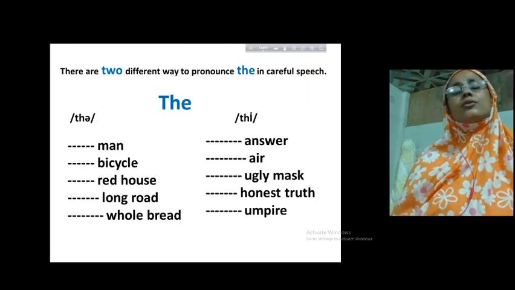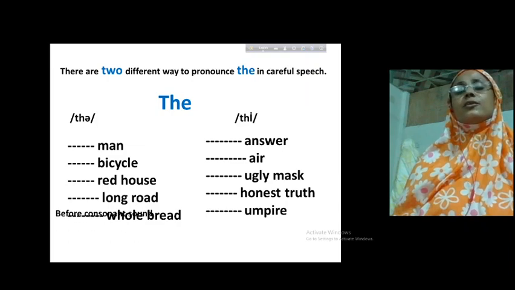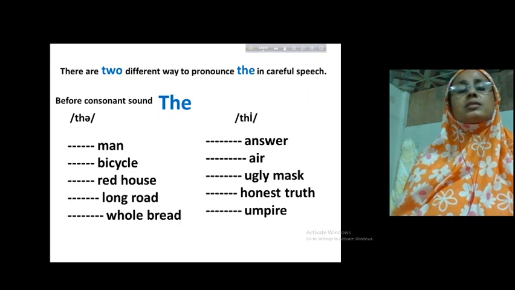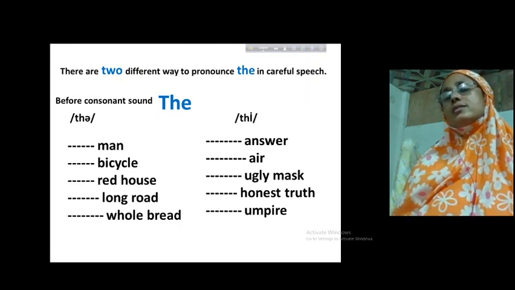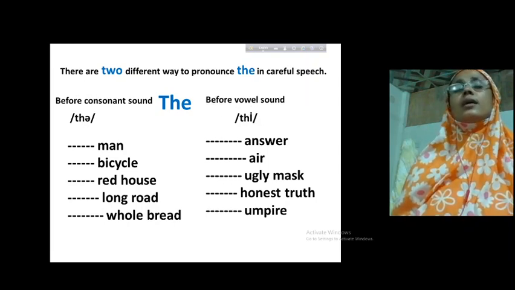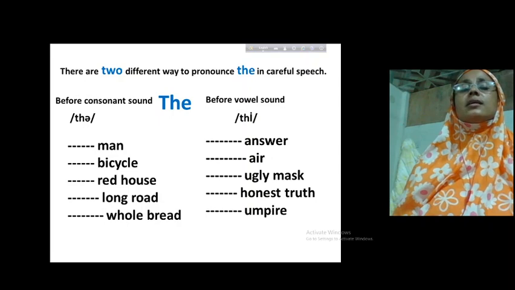But in writing the form is the same, the, the, the. Okay? Very good. Before a consonant sound you will say thuh, and before a vowel sound, you will say thee.